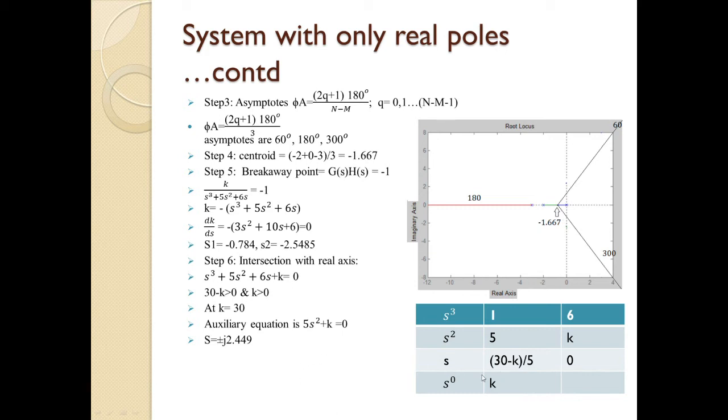If we put the value k equal to 30, then this row becomes 0. When all elements of a Routh array row become 0, we need to find the auxiliary equation from the previous row. Here the auxiliary equation becomes 5s square plus k equal to 0, and the solution of this gives the point of intersection with the imaginary axis, that is plus minus j2.449.